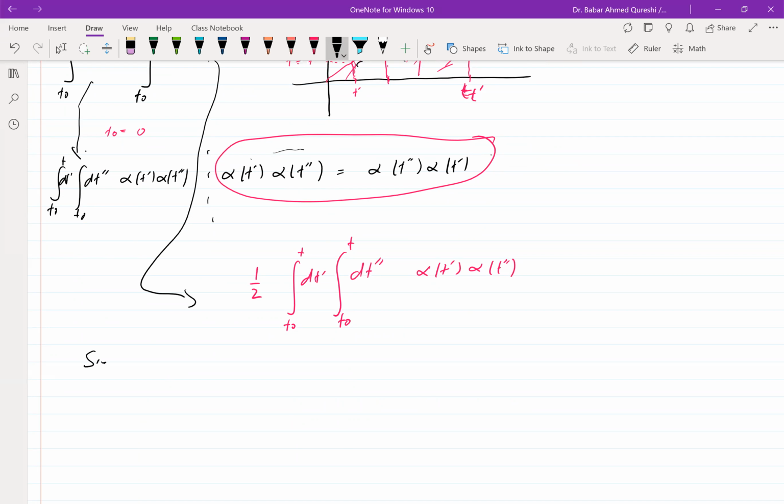Similarly, if you look at the next term, you will have a cube. You are integrating over a portion of a cube, which you can extend to the whole cube in 3 variables, and you find that you are overcounting by 6. So you can replace the next integral by this thing.